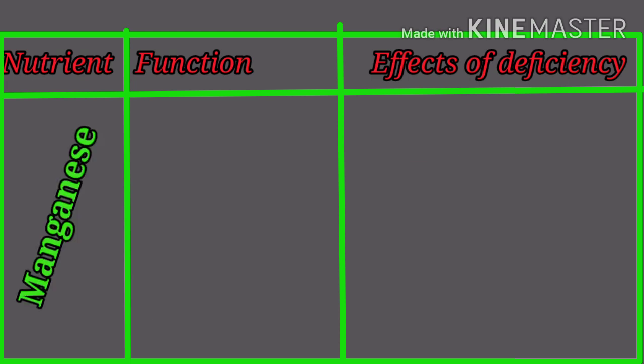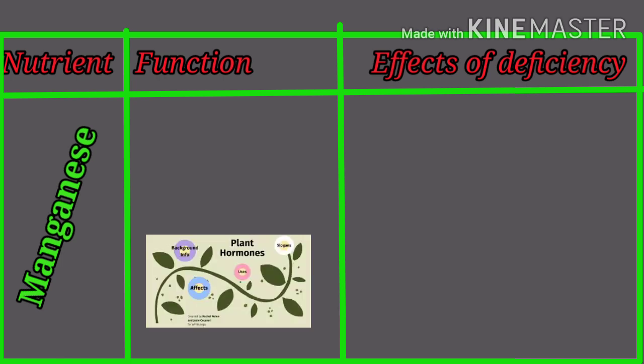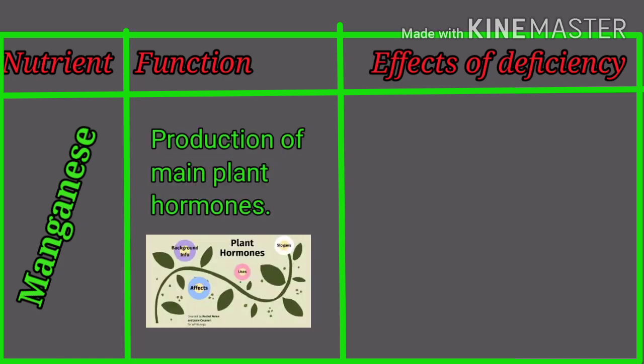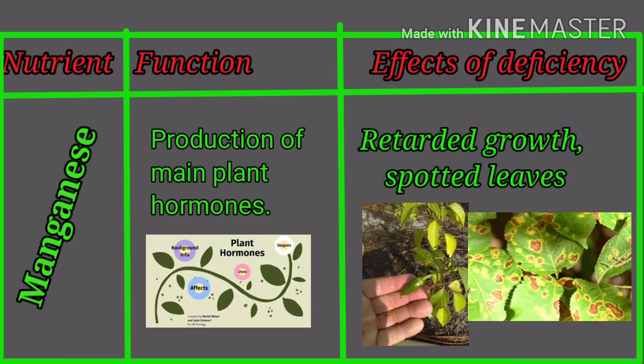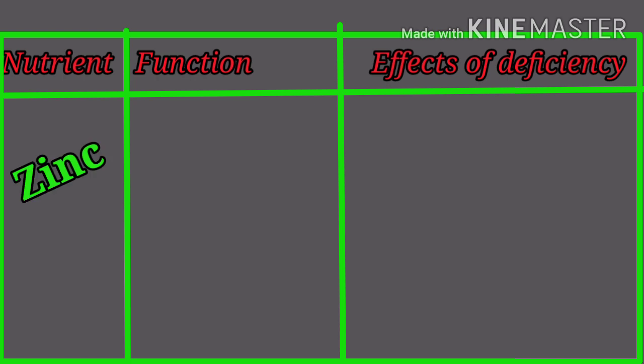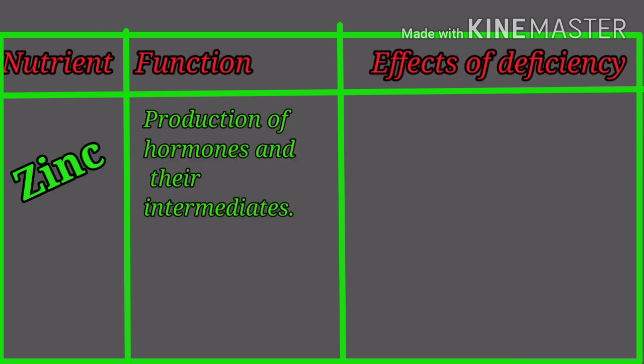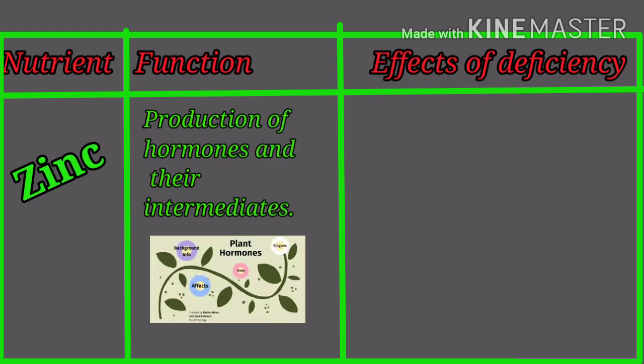Nutrient: manganese. Function: production of main plant hormones. Effects of deficiency: retarded growth, spotted leaves. Nutrient: zinc. Function: production of hormones and their intermediates.